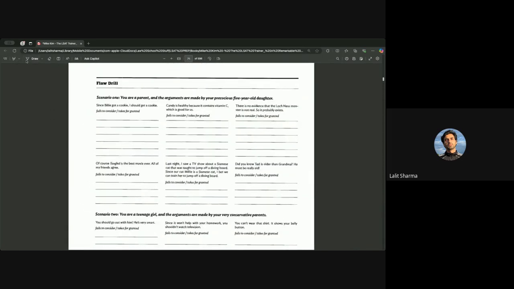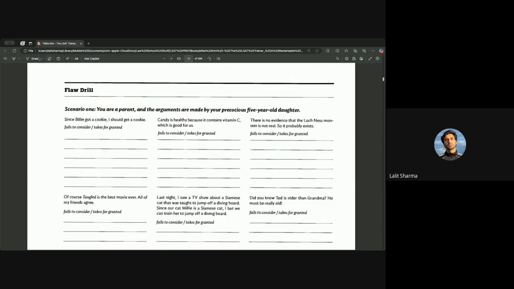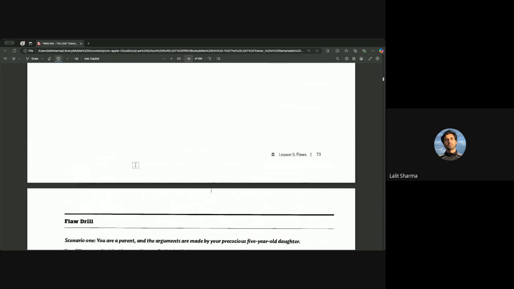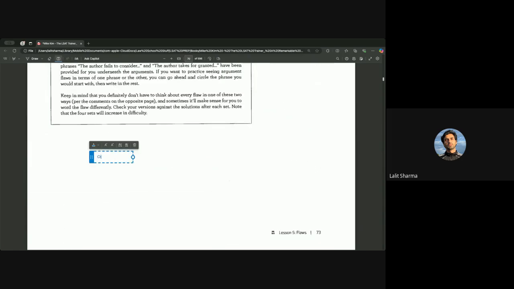And the reason I like it for logical reasoning is that it's really good for doing those critical questions. And remember, the critical questions are the ones that want you to find out what's wrong with the argument.